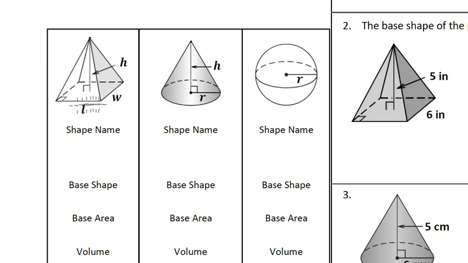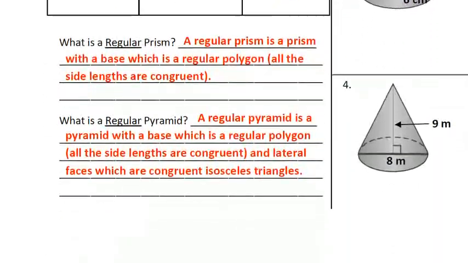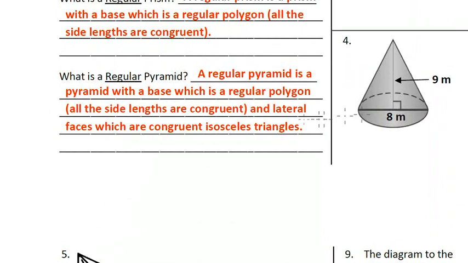All three sides of the triangle are congruent. All the lateral faces go up to the apex. That would be a regular pyramid. In fact, you could have any shape as the base. It could be a hexagon as long as all six sides of the base were congruent. So if the base polygon is regular, then it is considered a regular pyramid.